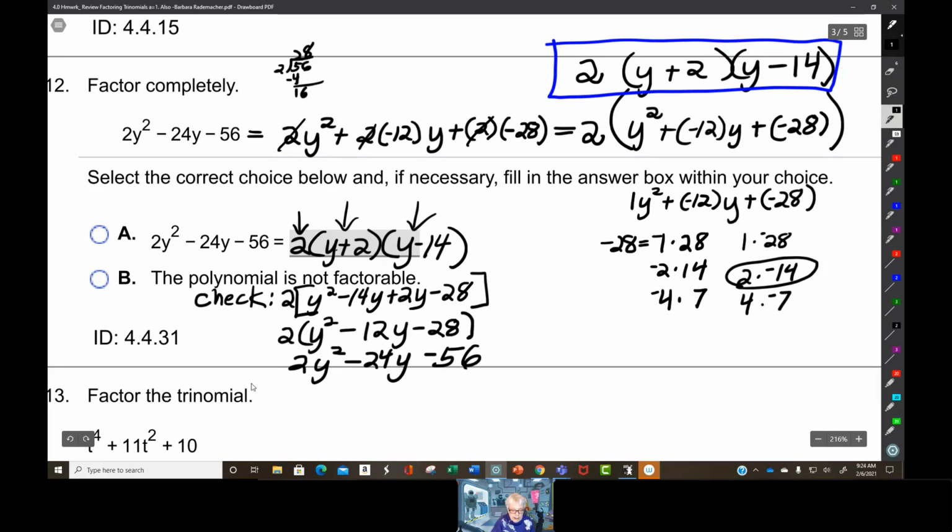And then I look and see if that's what I started with. 2y squared minus 24y minus 56. Yes, it works. So at that point I can click check answer and get told I did it well.